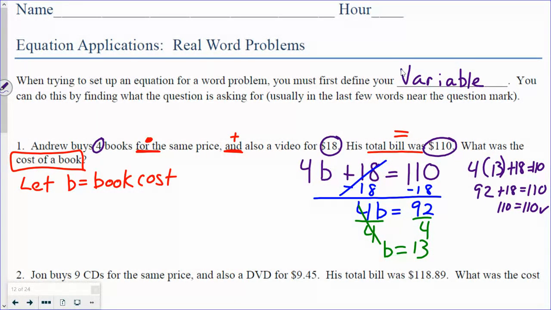So we can still most definitely check our answers. Andrew is our person, so we'd say Andrew paid $13 per book.